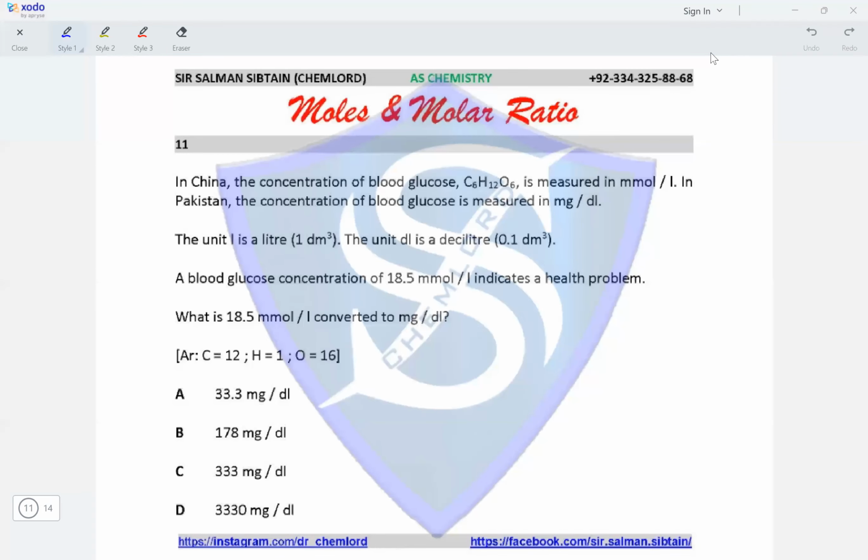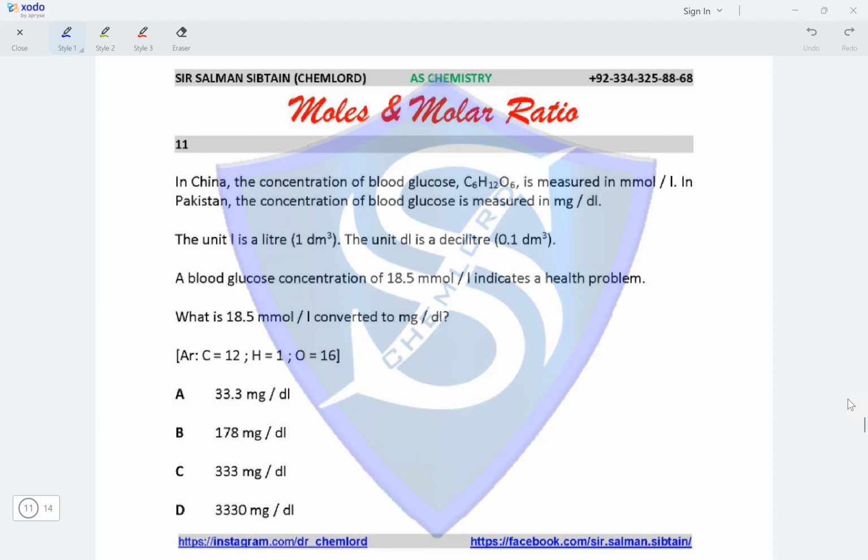Question 11. In China, the concentration of blood glucose, C6H12O6, is measured in millimoles per liter. In Pakistan, the concentration of blood glucose is measured in milligrams per deciliter.